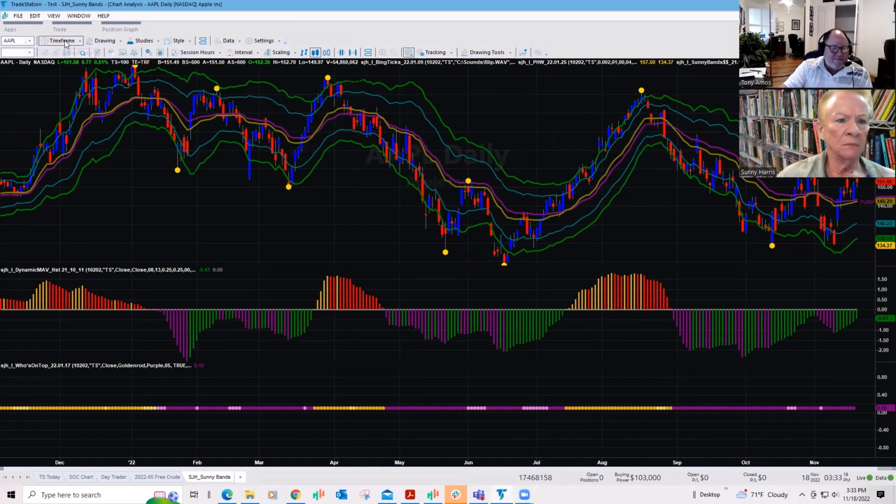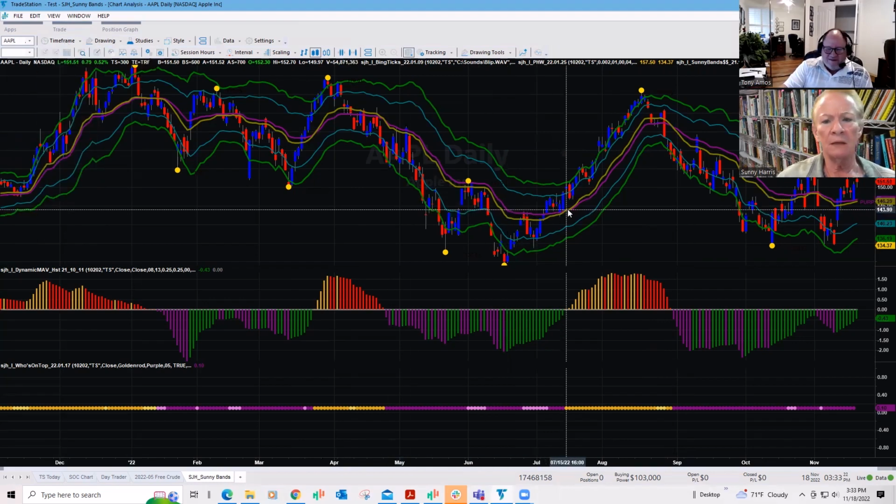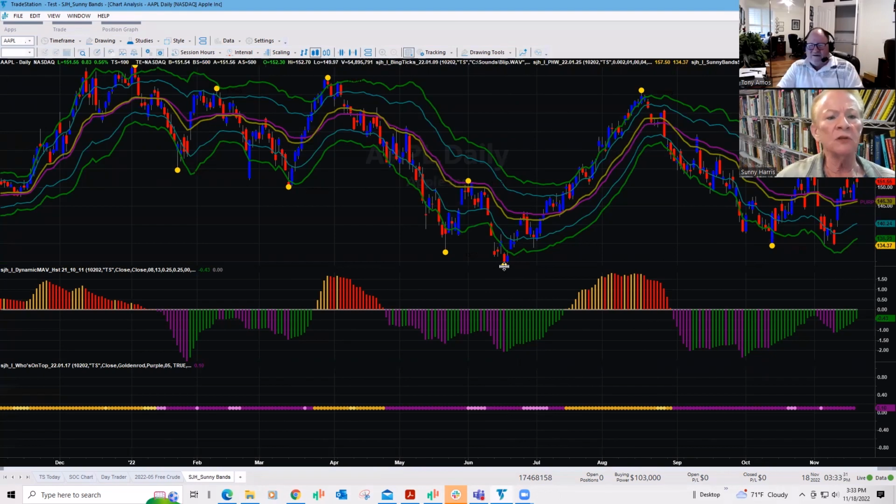And daily. That's daily. And see how the bars don't turn color now because there is no night session as you've got it set right now. You can set it to do the after-hour session, but not on daily bars. It has to be 60 minute or 5 minute or something.